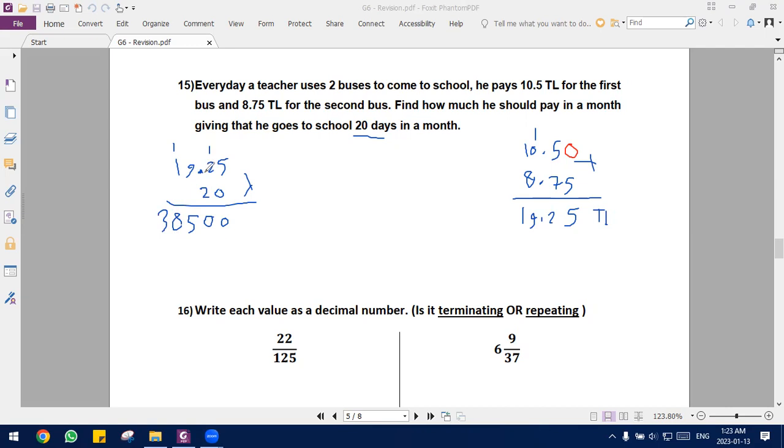Now the decimal point after two values, so it's here. 385.00, which means that 385 TL for this teacher in a month, just to go to school.